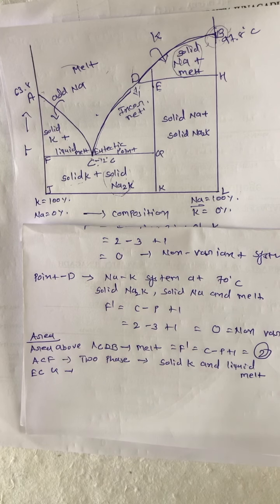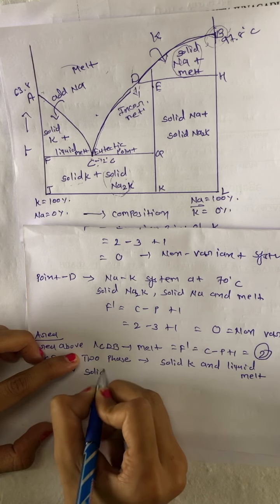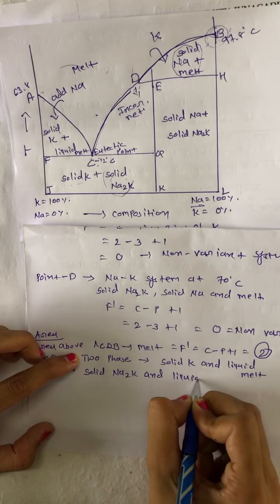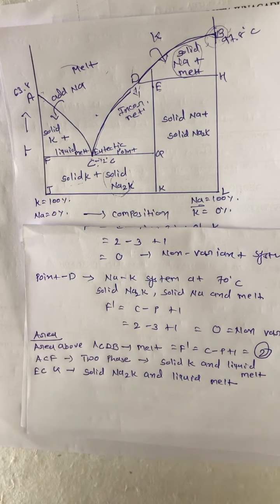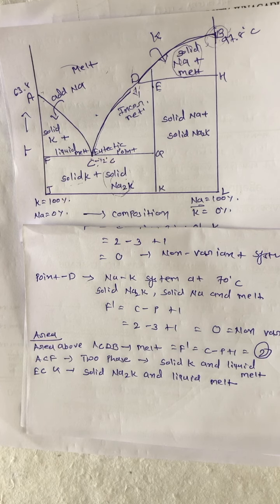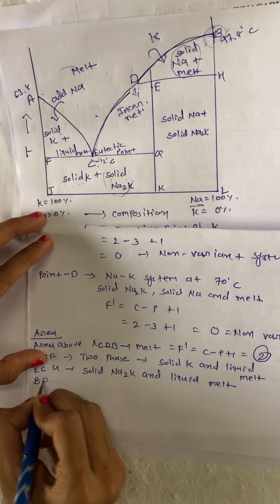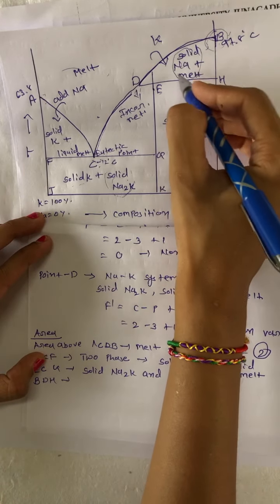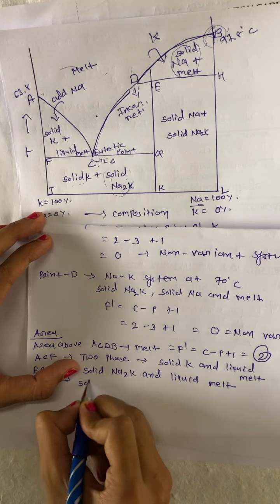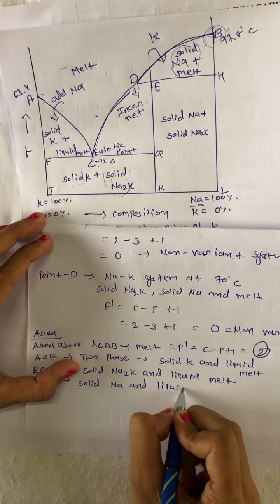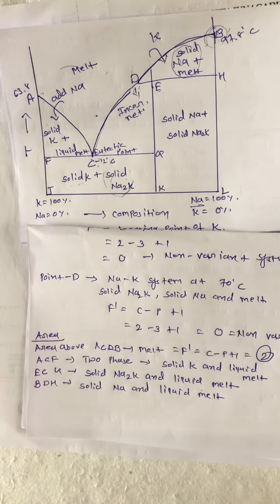Two phases, solid Na2K and liquid melt, are present. Now area BDH, B, D, H. Only solid Na and liquid melt are present.